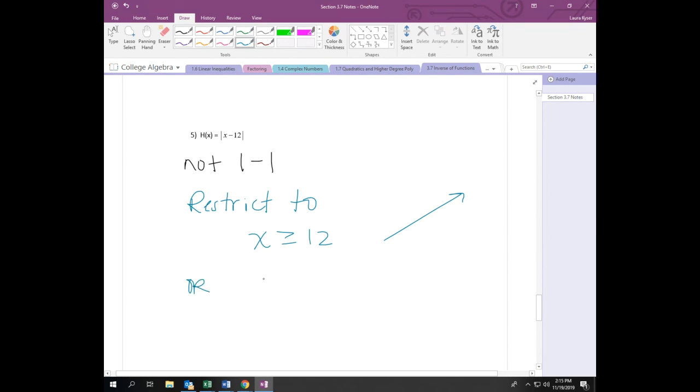Or you could go with x's that are less than or equal to 12 only, which would give you the left vertical arm. But regardless, there's no repeating happening on left and right. So either one of these is going to be fine. But again, we're cutting the graph in half vertically, removing the matching arm on the other side. And that's how you will restrict domain if you have to.